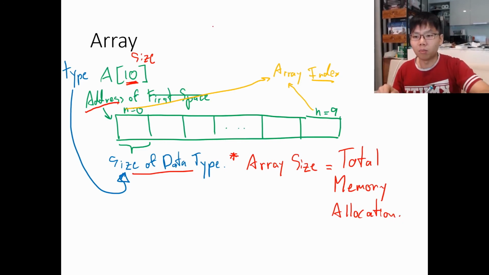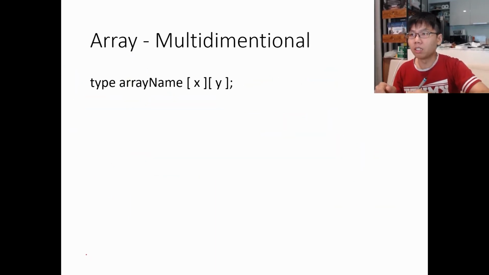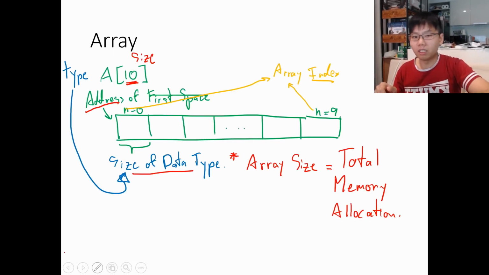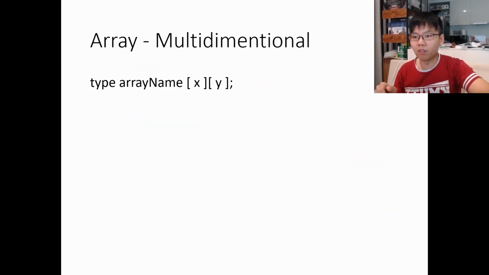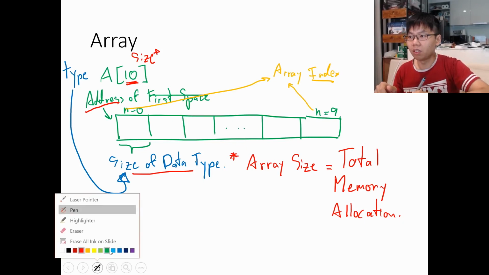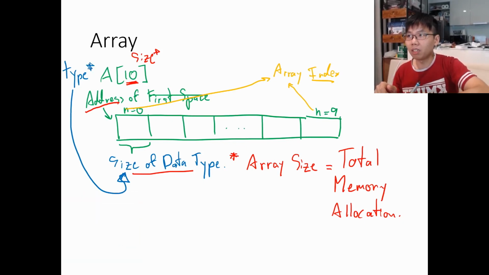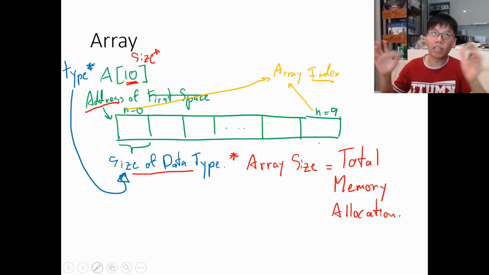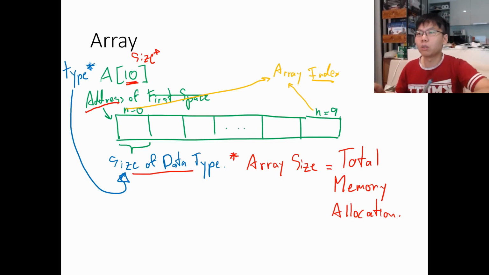Put it in simple words: if you declare one array, you need to have its size and its data type, then the compiler will store only the first address and allocate the equivalent memory space equal to the array size multiplied by the size of the data type.